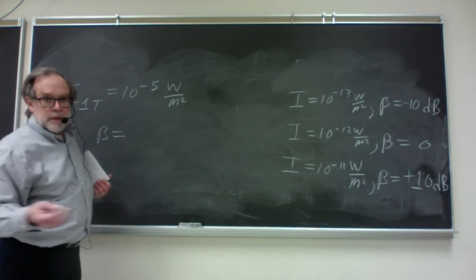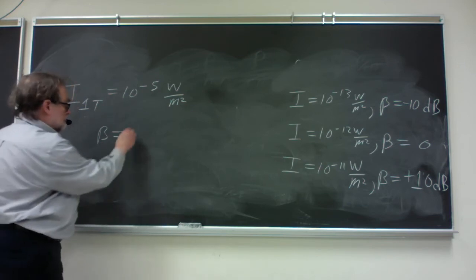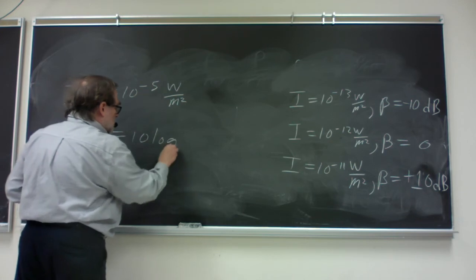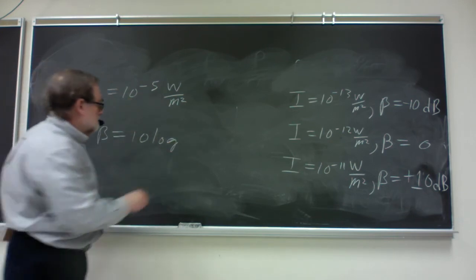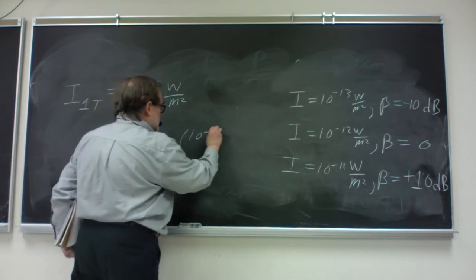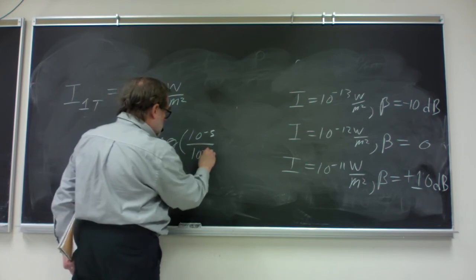Go back to the rule and do the same thing that we've done in those previous calculations. 10 times the log of the intensity of the sound wave that we're interested in, 10 to the minus 5, divided by the reference intensity, 10 to the minus 12.